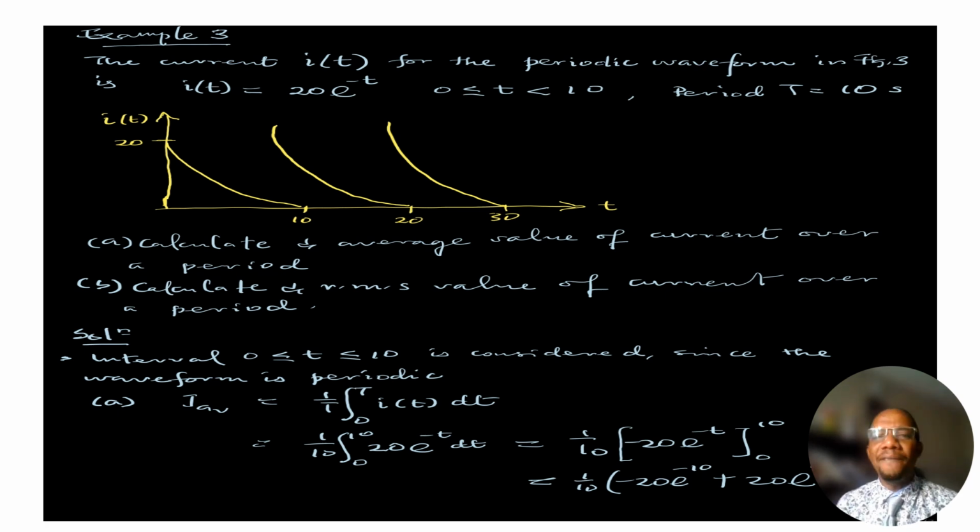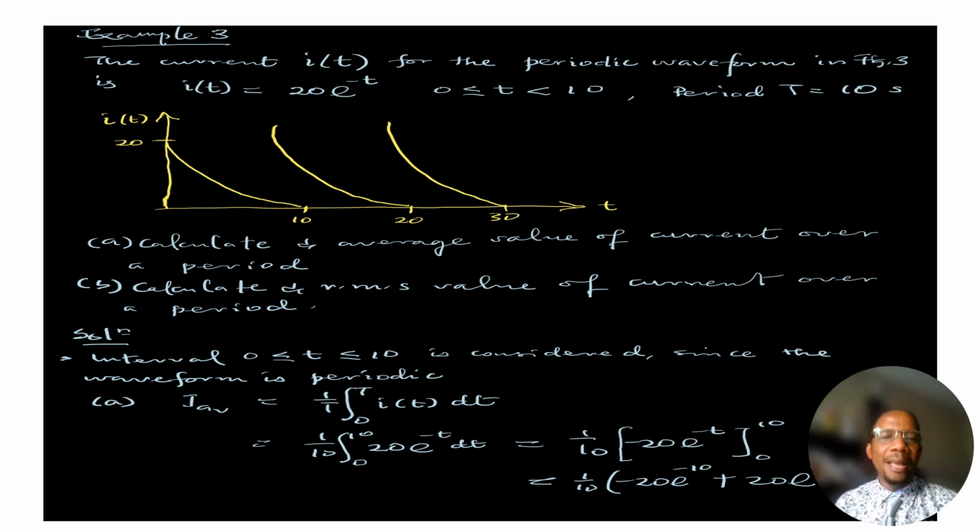A, calculate the average value of current over a period, and then calculate the RMS value of current over a period. Okay, this is another area of application. We have been dealing with average value. I just introduced the RMS value here so that we use it on this same problem.